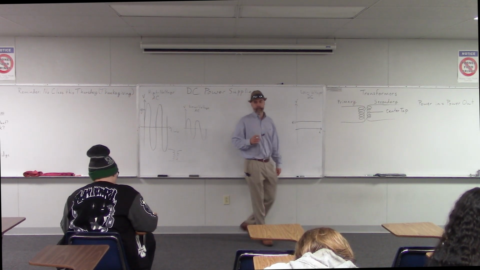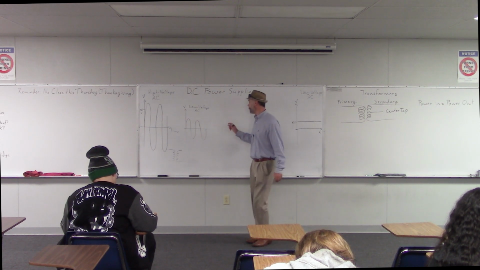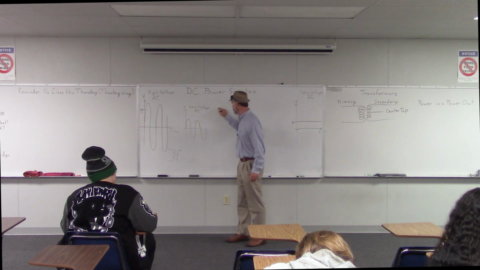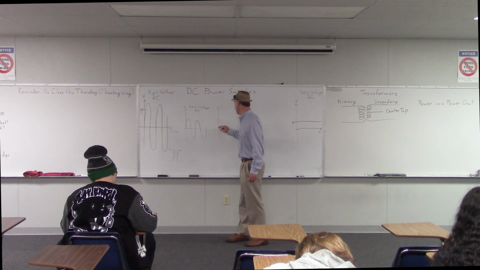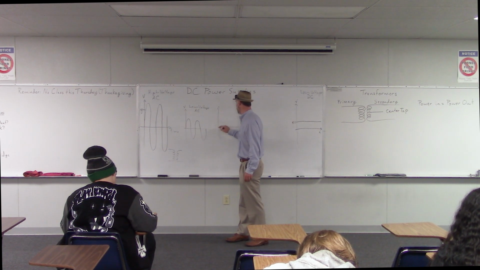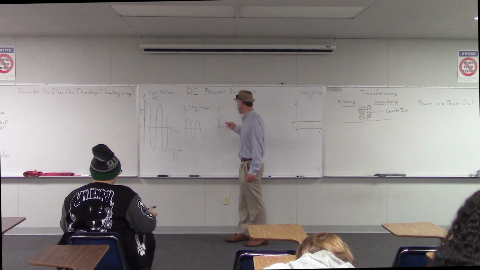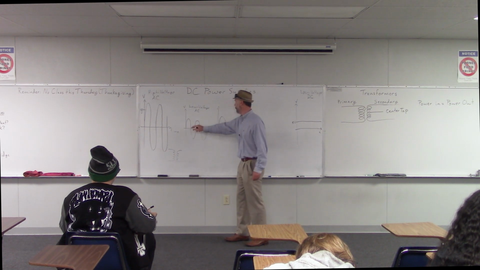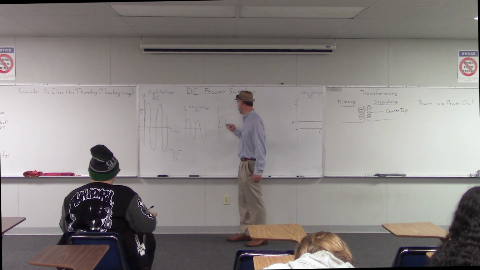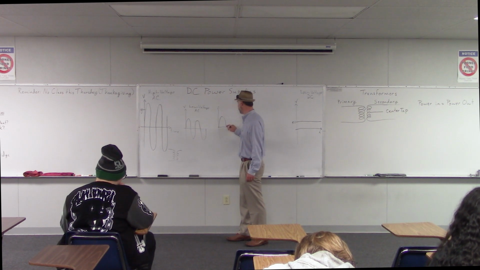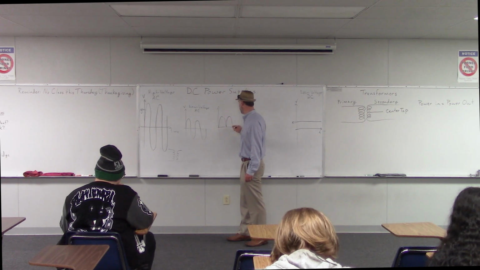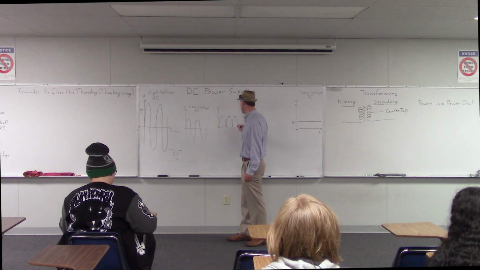The next thing that happens inside of a DC power supply is that we take that low voltage AC signal and we turn it into a signal that's only positive. So we keep the positive part, and then we turn the negative part positive also.